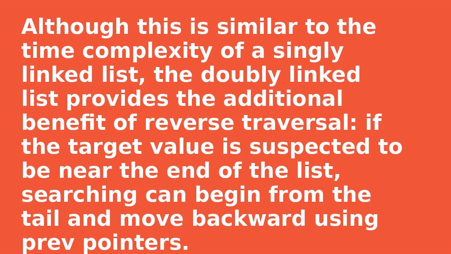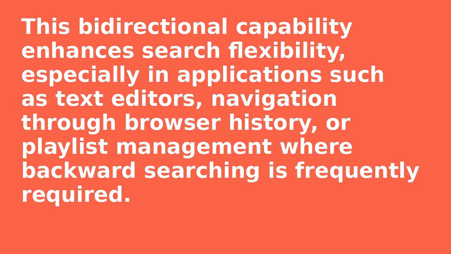If the target value is suspected to be near the end of the list, searching can begin from the tail and move backward using prev pointers. This bidirectional capability enhances search flexibility, especially in applications such as text editors, navigation through browser history, or playlist management where backward searching is frequently required.